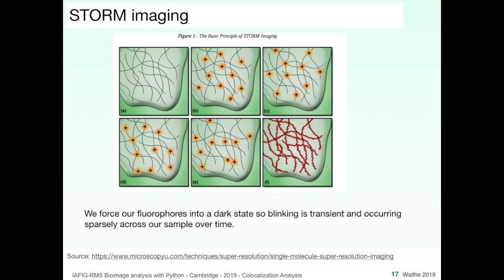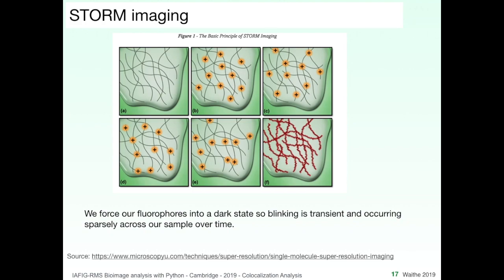We're basically stopping a lot of the fluorescence that you'd usually get from a sample. So it just blinks at sparse locations, and then we measure the locations of the blinks that appear, and we fit a Gaussian to them. This is where the data fitting comes in, and then we can reconstruct a super resolution representation based on the error that we're measuring with each of these blinking fluorophores.